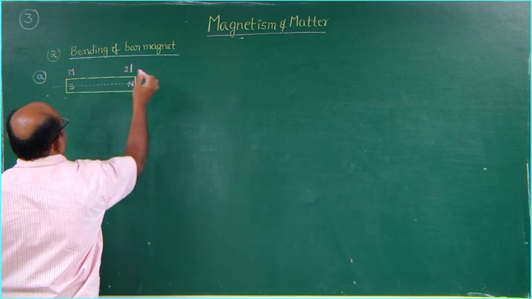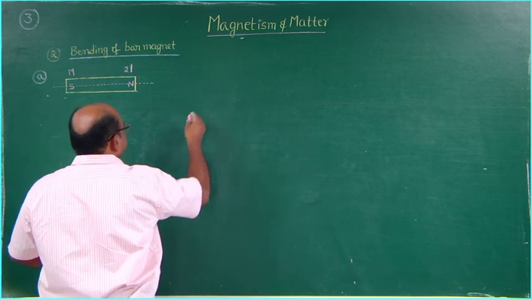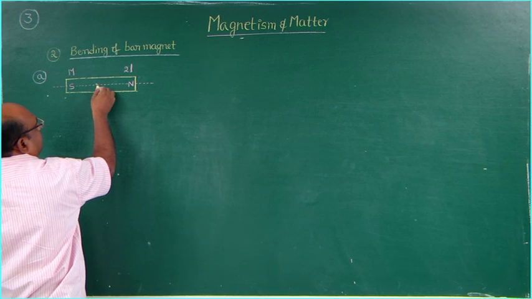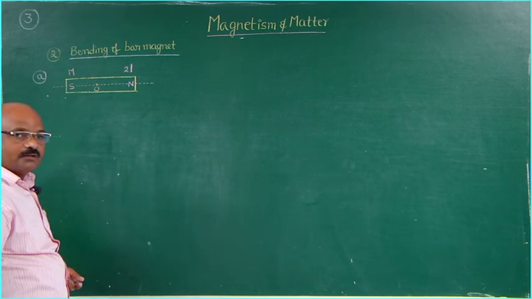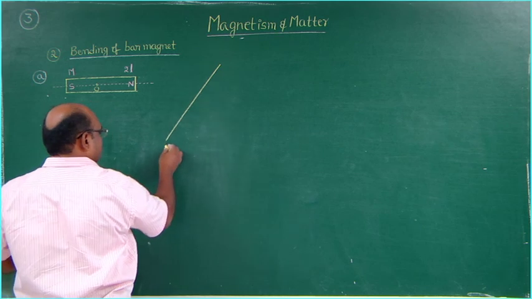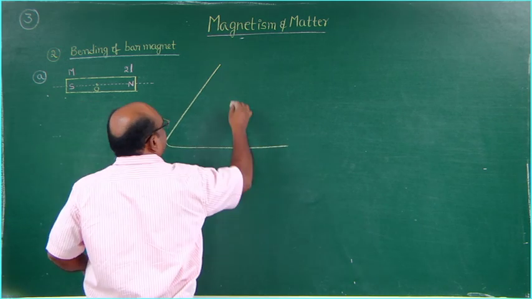This is the axial line. Keep in mind that here O is a point at the center of the bar magnet. Suppose it is bent as shown in the figure.